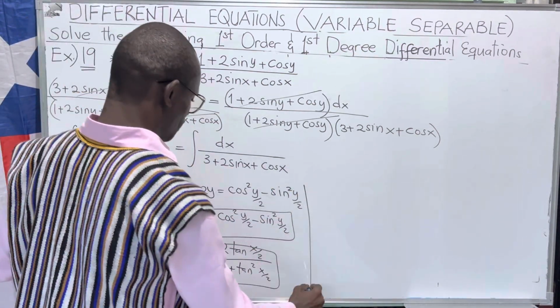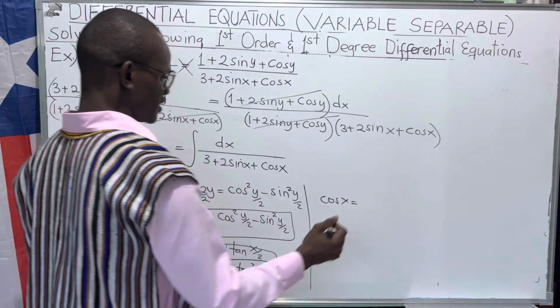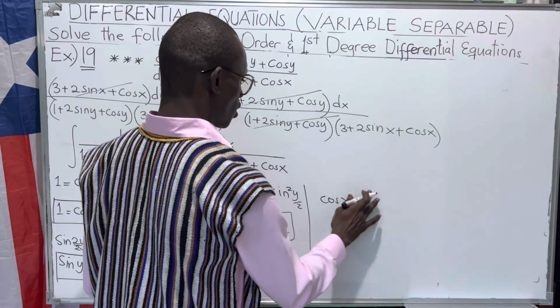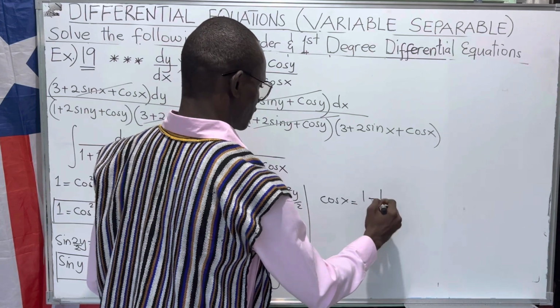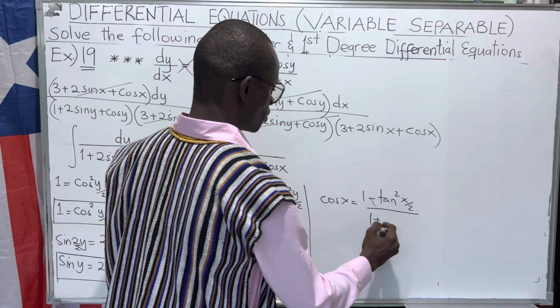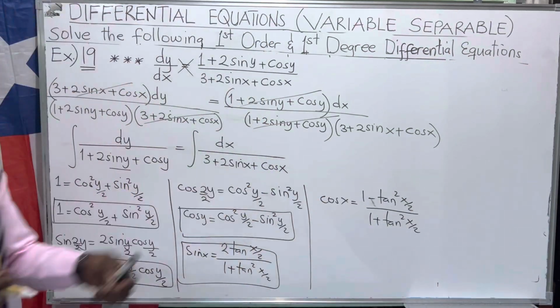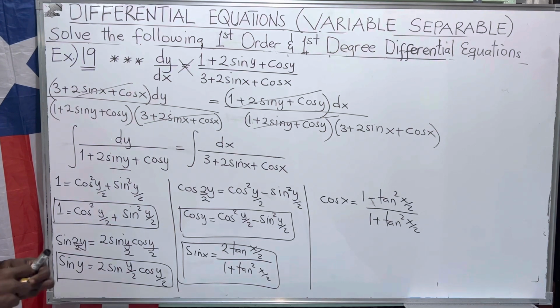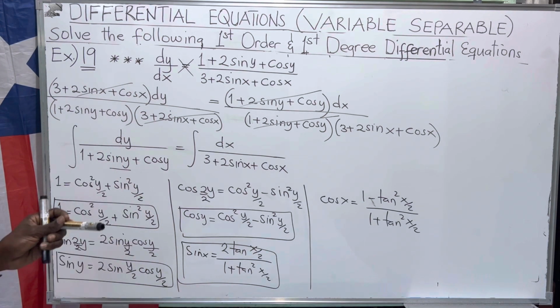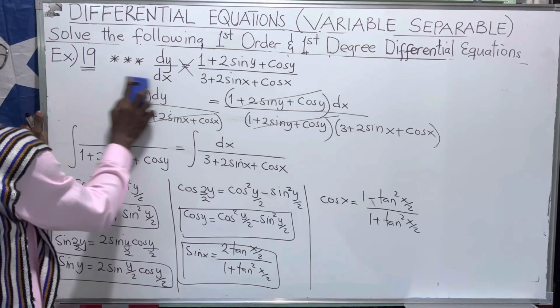So also we know that cos of x is the same as saying 1 minus tangent square x over 2 over 1 plus tangent square x over 2. So we know that for cos as well. So with these fundamental identities that we have, we can now replace them within the problem. So I'm just going to erase only this portion.